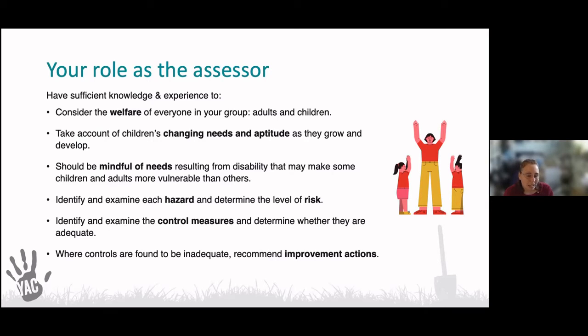So that could be resulting from disabilities, for children and adults, which make them more vulnerable than others. You can identify and examine. We've just had that discussion about crossing a road, and about a pond. So you know how to identify hazards. You know how to identify risk. And you've got that knowledge and skill already about the control measures that you can put in place that are in your control.